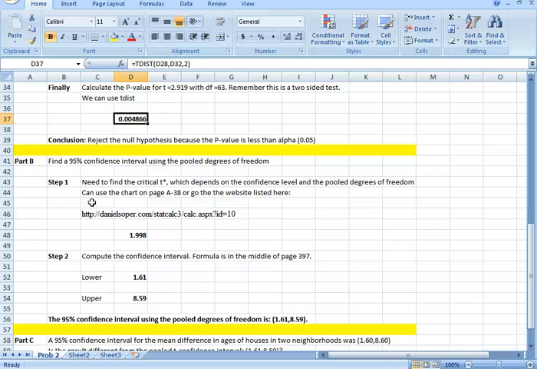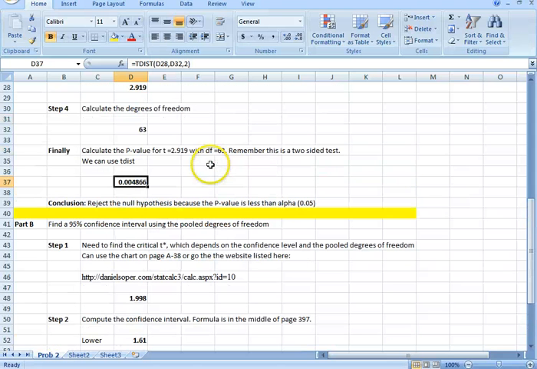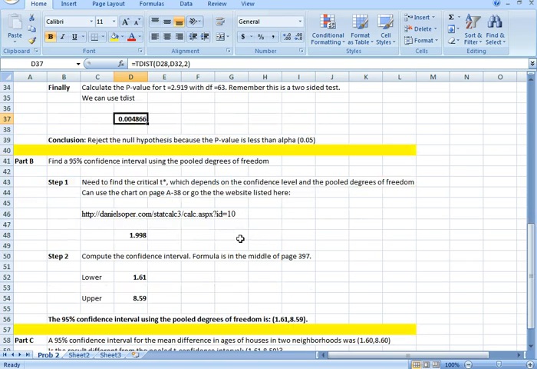We can go and it will calculate it for us. We know our degrees of freedom as we calculated it here at 63, and we also will need to know our alpha, which we also know is 0.05. So let's go to this website, take a look, and see how easy it is to use.